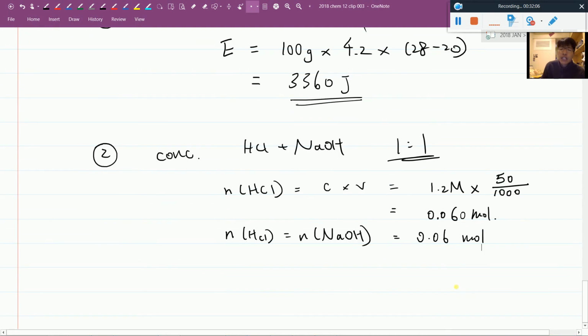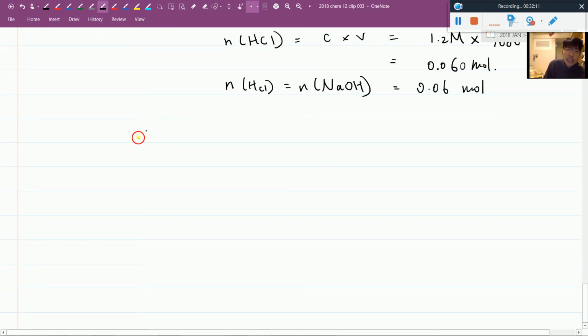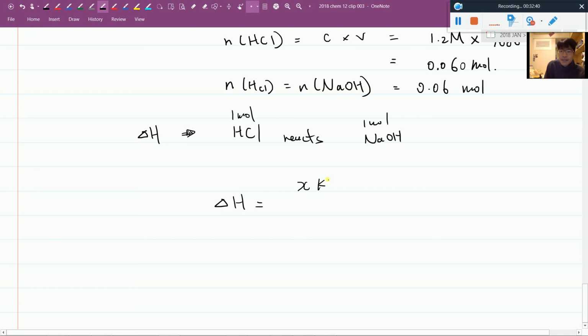What is delta H? How do we find delta H? Delta H is for 1 mole of HCl reacting with 1 mole of NaOH according to the equation. So delta H equals the energy per 1 mole of hydrochloric acid.